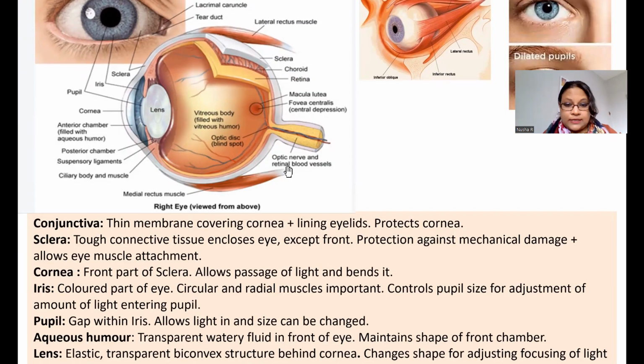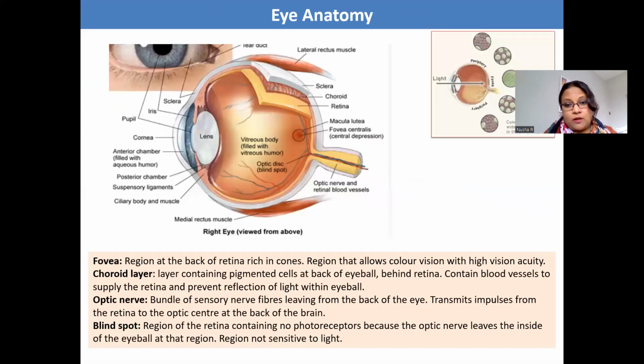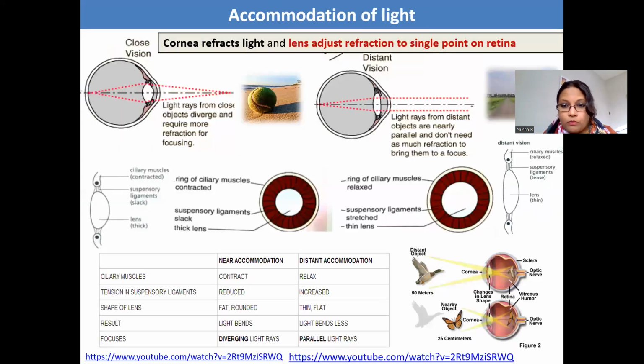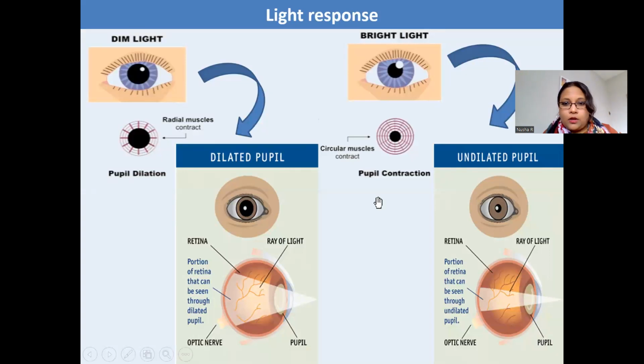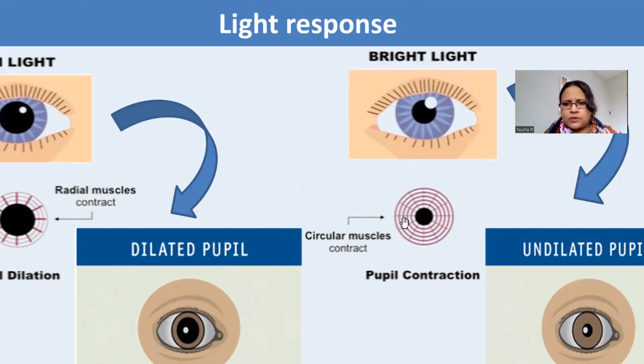As the term itself suggests, the circular muscles go like that, and when they contract, they make the iris larger and the pupil smaller.